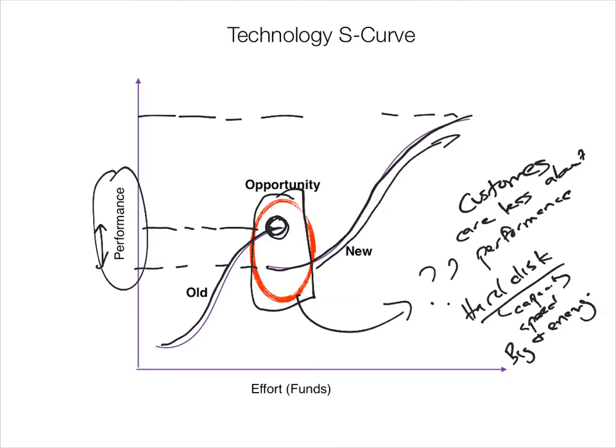So in this window of opportunity you find those who care less about capacity and speed, who want small and light in terms of energy consumption, and that's how you enter. Eventually you've picked this new path where the small and light can improve in performance, and you're getting the best of both worlds, and that's a sustainable competitive advantage.